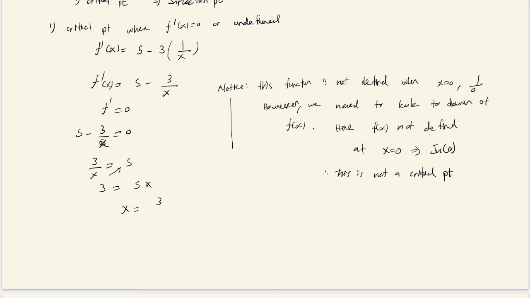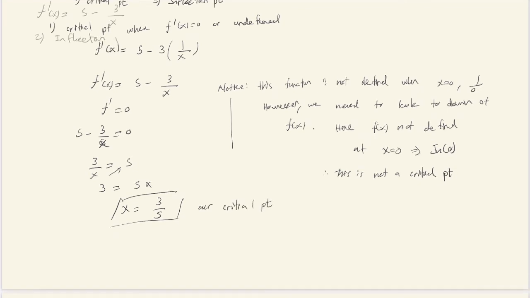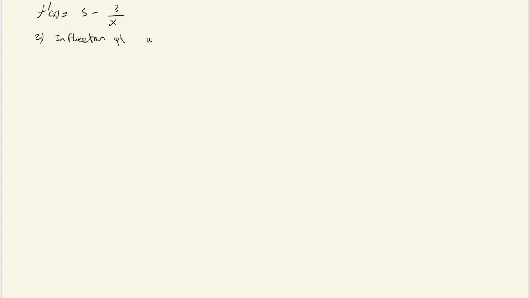That will result in x equal to 3 over 5, and that's our critical point. Now for our inflection point. Again, an inflection point is where the second derivative is 0 or where it is undefined. So let's take the second derivative.